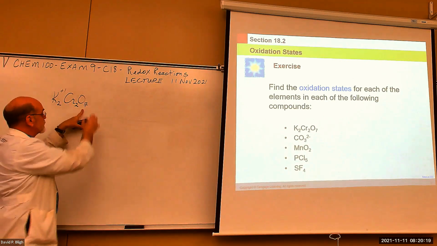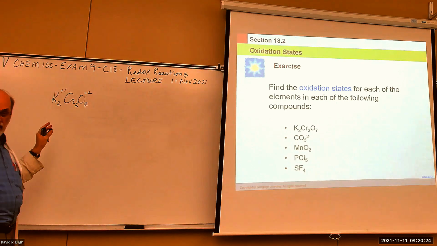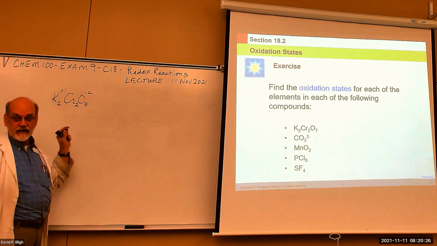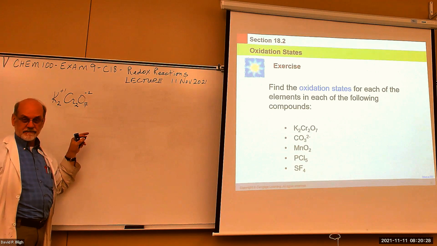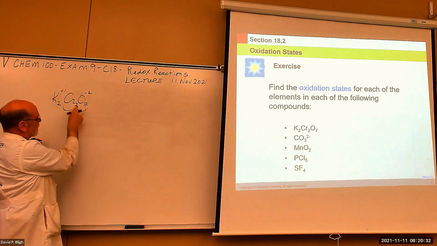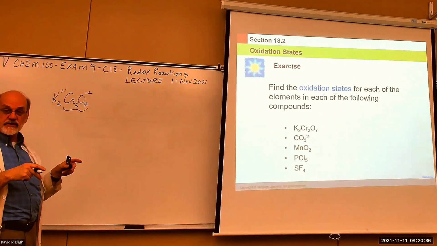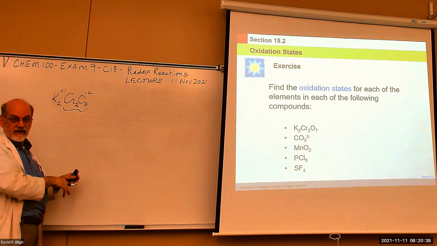Oxygen is -2. And then you can balance them so that you can find out what chromium is. Or you can split this one out. This whole polyatomic ion is -2.